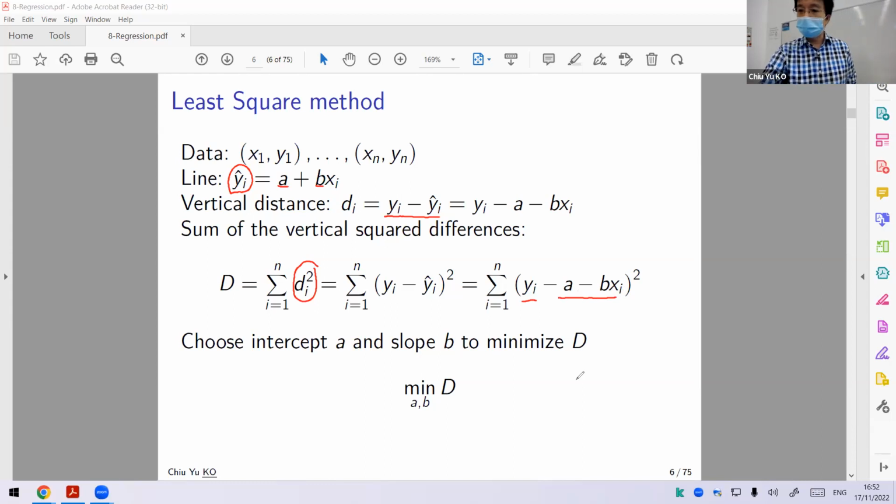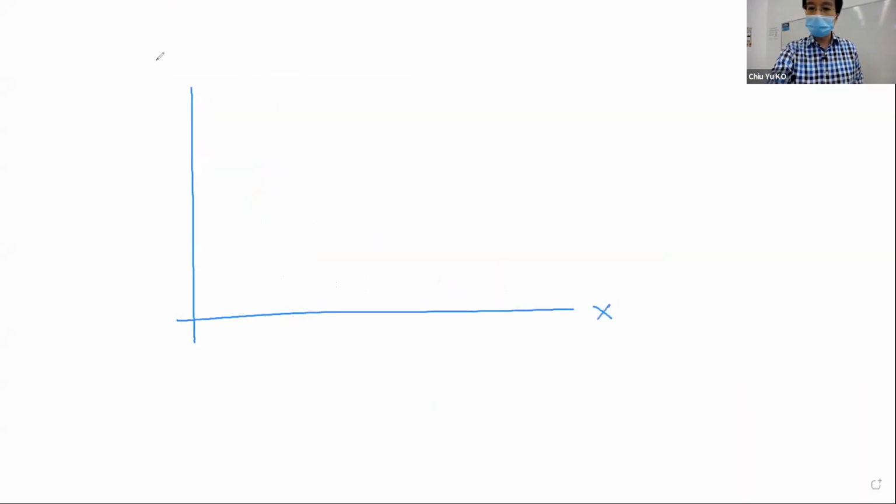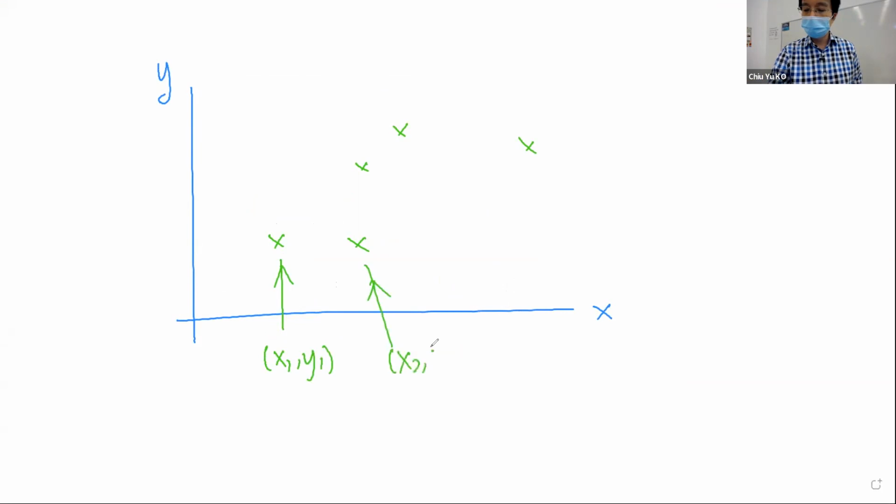So basically, let me draw it again in case you don't. Just like this, you have X and Y, and a bunch of data points there. So this is X1, Y1, and say this is X2, Y2.